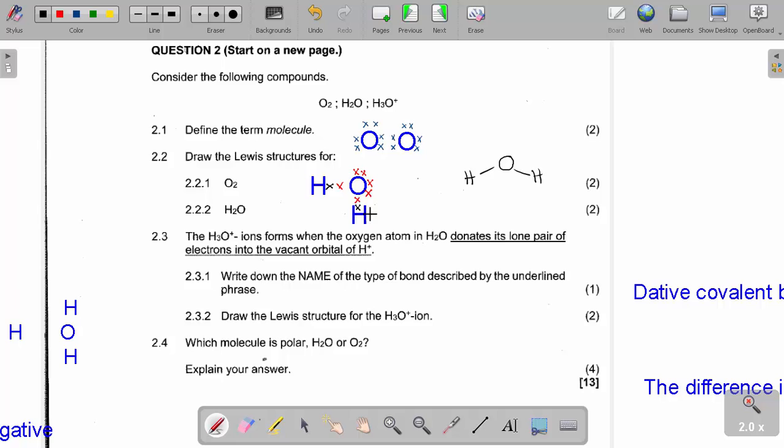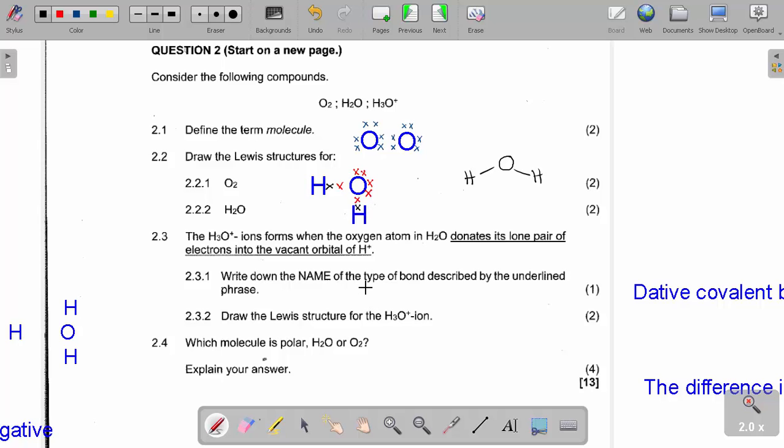Okay. Now you see, this water has got the 2 lone pairs out together. So what happens is that one of the pairs is going to be used to attract this positive hydrogen ion. Okay, and in that case, when that happens, because the 2 bonding electrons are coming from only the water molecule, not the hydrogen, it means it has got a different name, and we call it what?